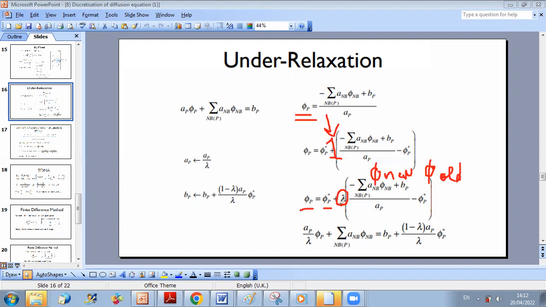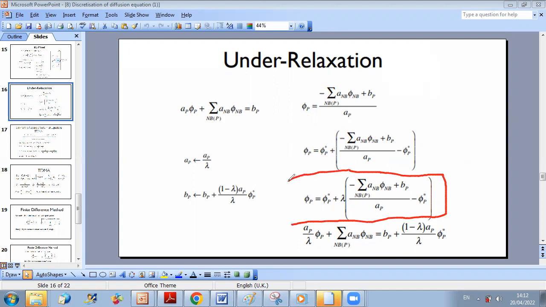Now, how will the coefficients be modified in my equation? To know this, I will use this formula. I will do the expansion to find the new coefficients of my terms.